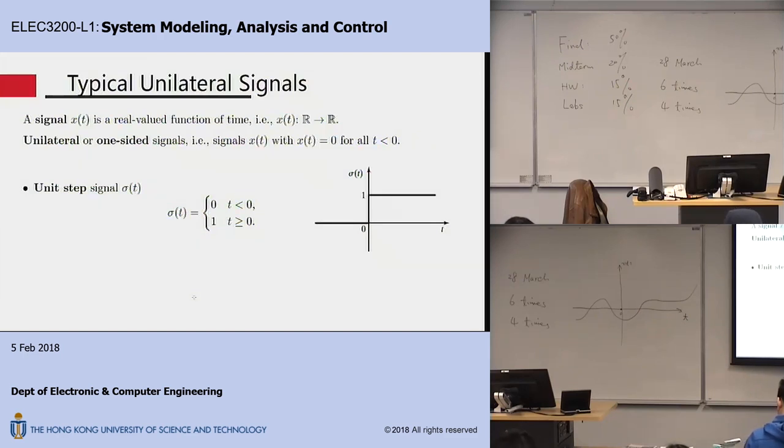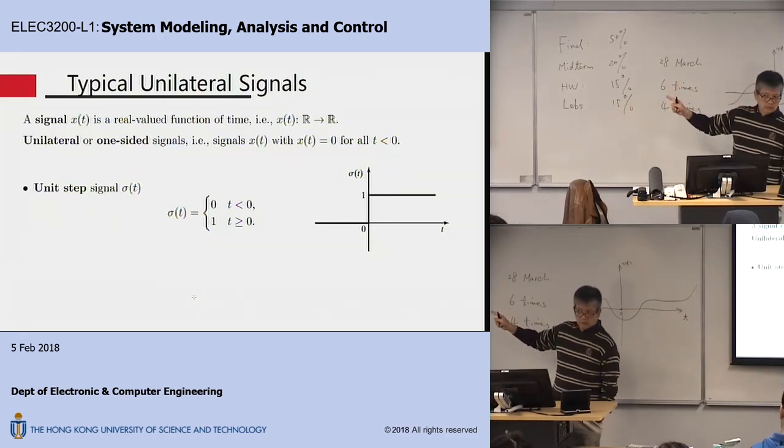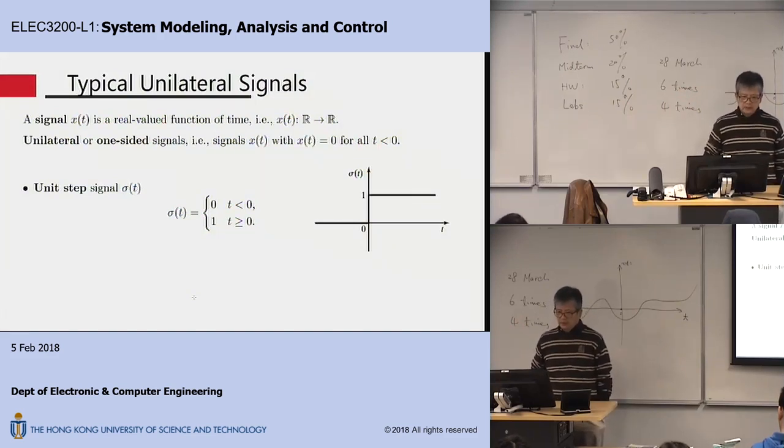A typical such signal is the unit step signal. This is something we're going to use all the time. The unit step signal is 0 everywhere before time 0, then jumps to 1 after time 0. You have probably seen this before. It's probably the simplest unilateral signal we're going to use.